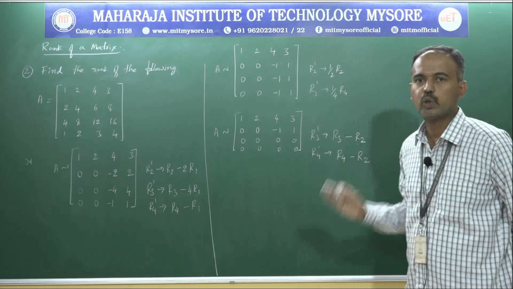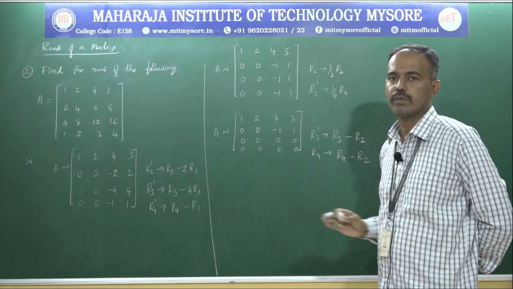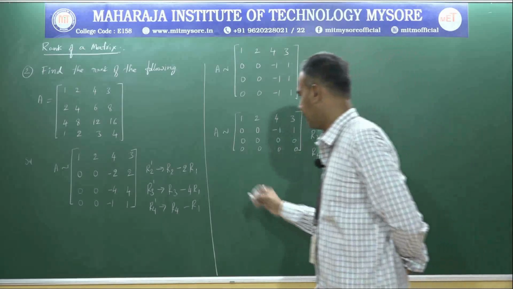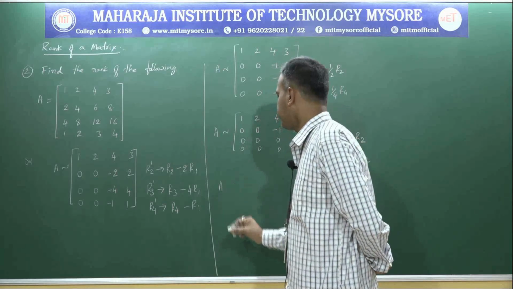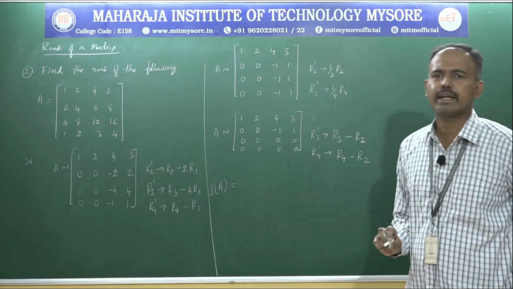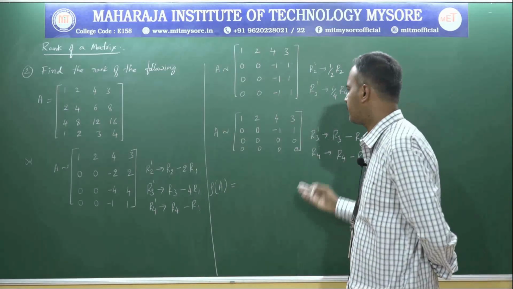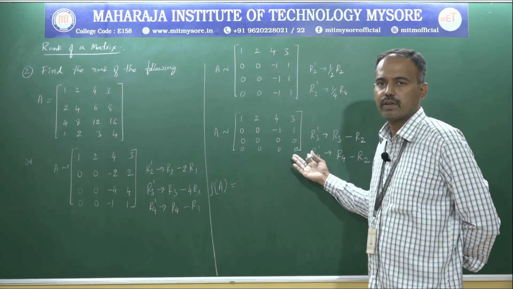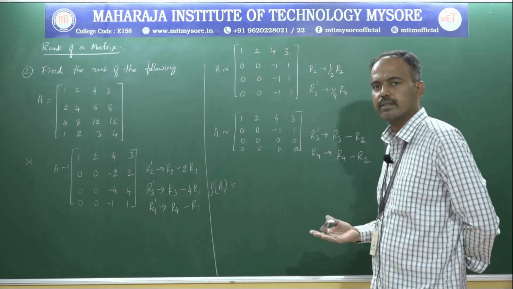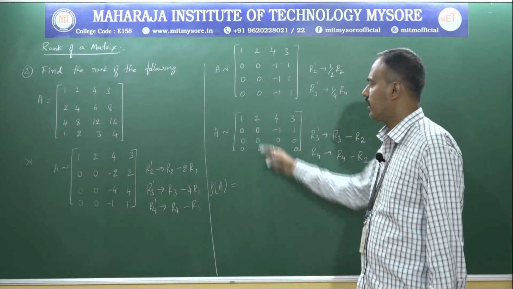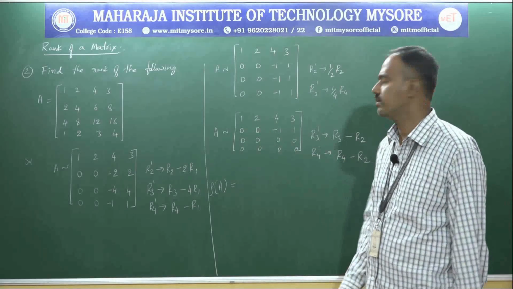Okay, the two non-zero rows are available here. Now the next one, the rank of a matrix A. The rank of a matrix A means first we have to check for the row reduced echelon form. Now the leading entry is 1, and all the column elements below the leading entry are 0 here.